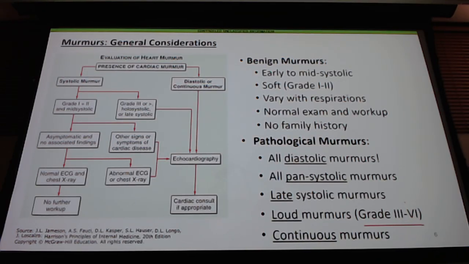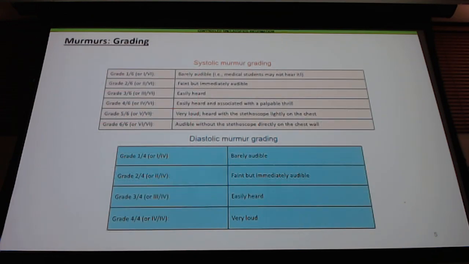That is a pathologic murmur, and what that's saying is that murmur is easily heard. 2 out of 6 is faint but immediately audible. So what's the difference between the 2 and the 3? That's a hard one to really discuss, but the definition says a grade 3 is easily heard.